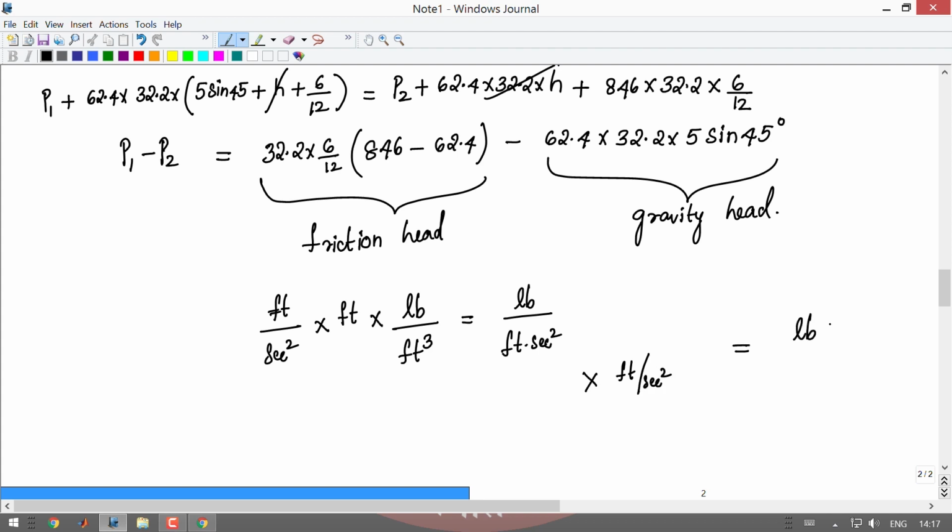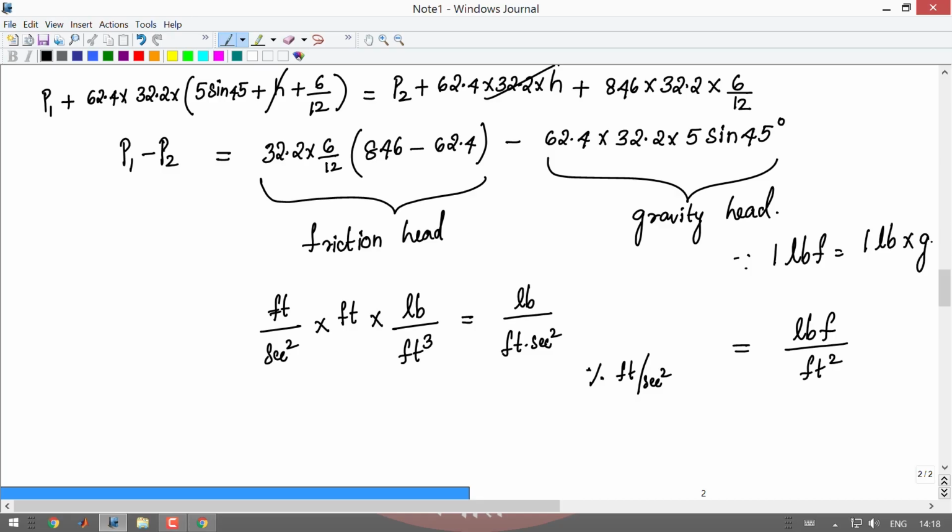To get LB force per inch square from LB per feet times second square, we will divide by g, the acceleration due to gravity, which is feet per second square. So, we will end up with LB force per feet square, because 1 LB force equals 1 LB times g.